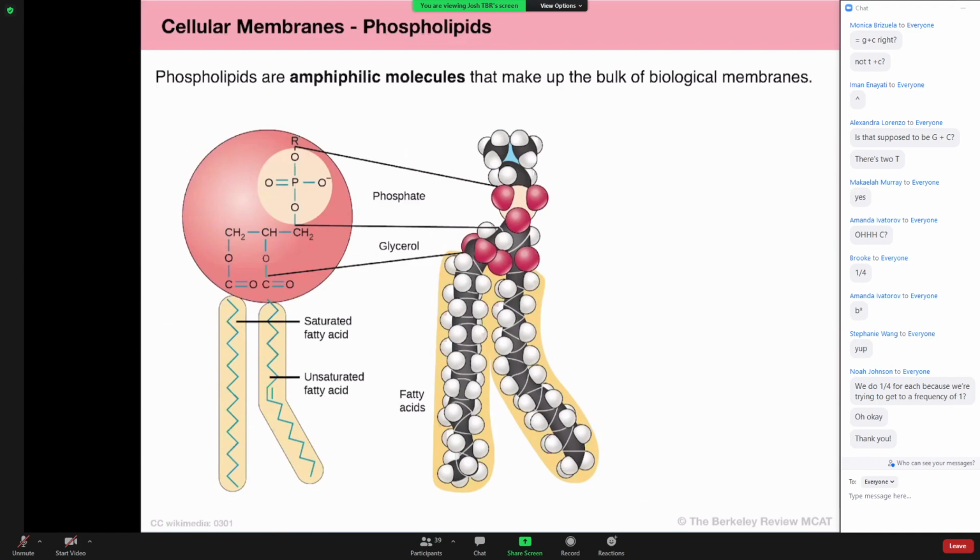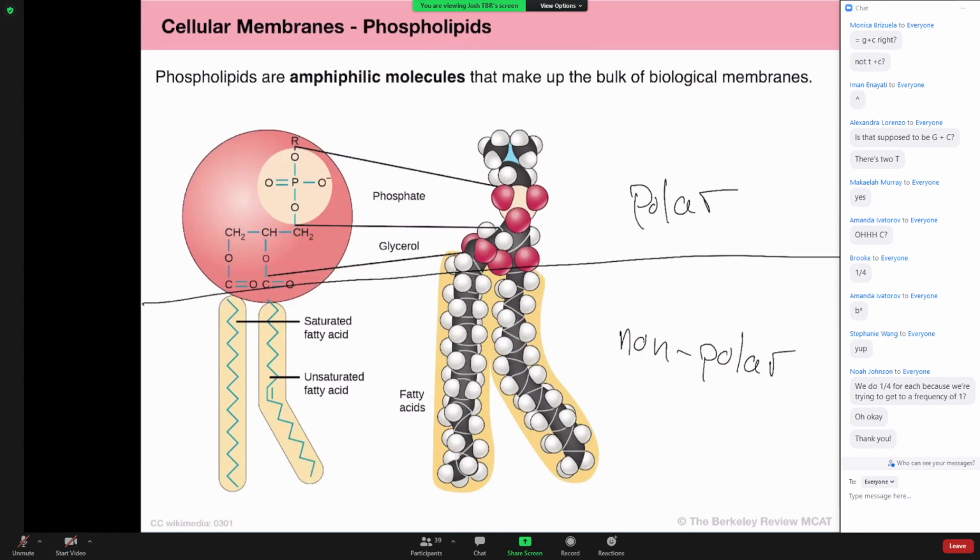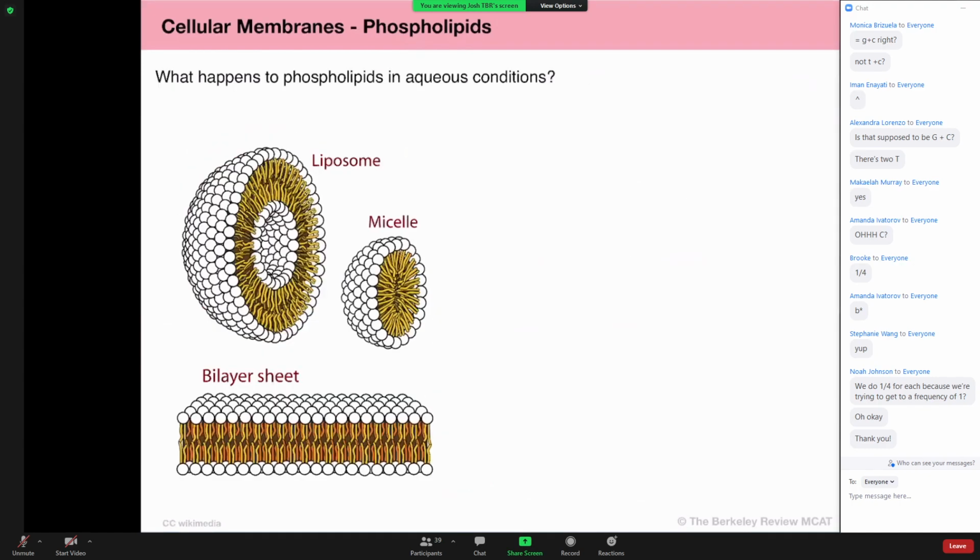So in other words, when you make your lipid membrane, you have the nonpolar lipid tails and the polar heads, which is what leads to cell membrane structure.